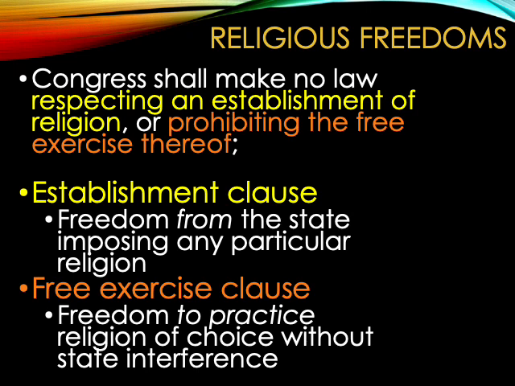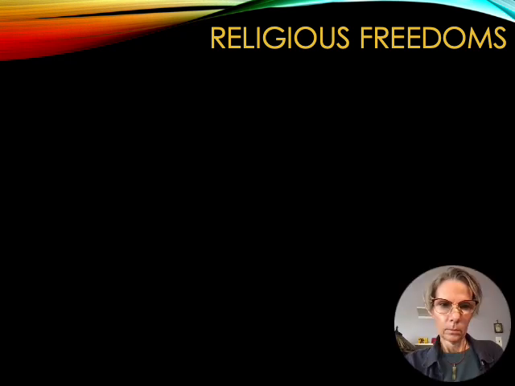An obvious example of state interference is, let's say that you're Jewish and you're going to go to synagogue on Friday night and the state is prohibiting you from going to synagogue to worship. Clearly, that is a violation of your free exercise rights, right? Your free exercise of your religion, okay? And so not only can government not establish religion, but also government can't prevent you from practicing your religion of choice as well.